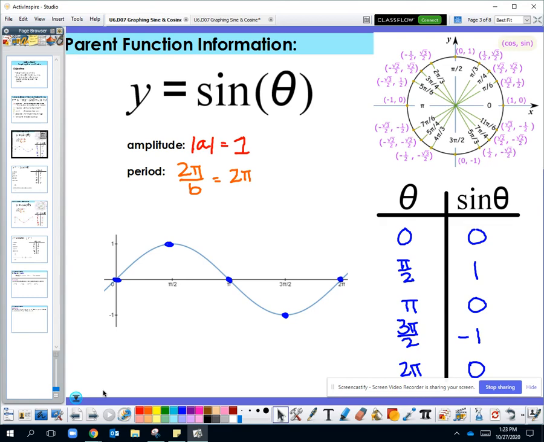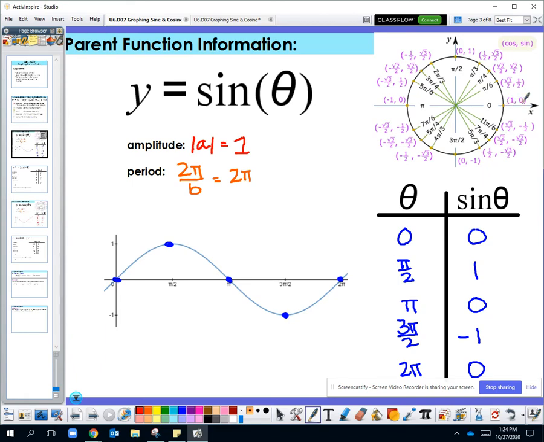Here is the parent function for sine, and I've copied the unit circle over, where we know from earlier in this unit that sine is the y value. And so when I'm graphing sine, I'm just picking 5 points. And so I'm picking all of the x and y axes. So 0, pi over 2, pi, 3 pi over 2, and we know a full circle is 2 pi.